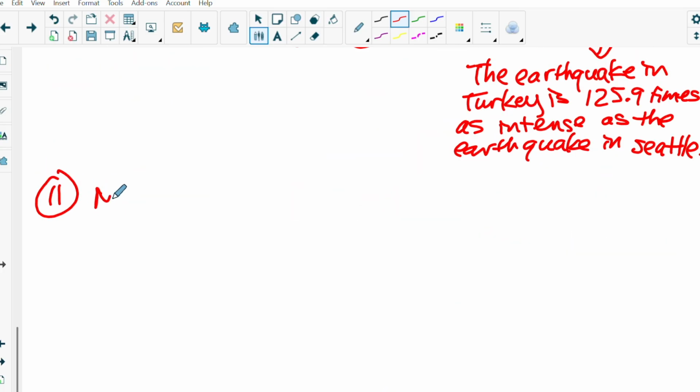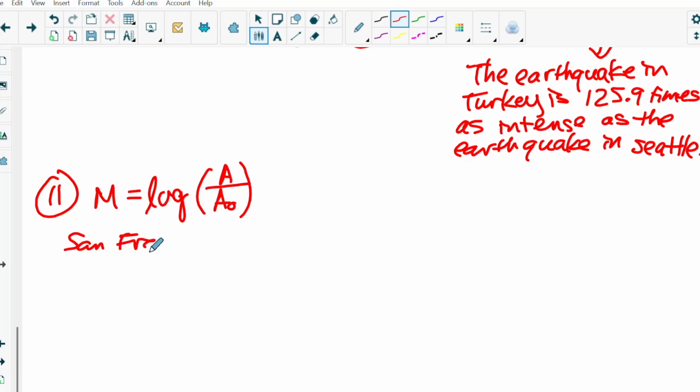Okay, the equation is m equals log of A divided by A naught. In San Francisco, 6.5 magnitude equals log of A divided by A naught.